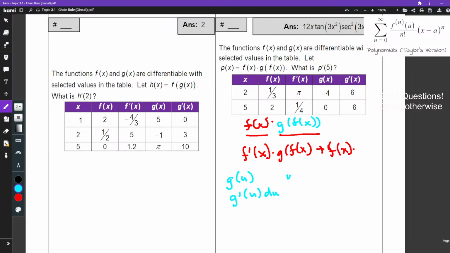Well, u is equal to f of x, so du is equal to f prime of x. So what g prime of u is, g prime of f of x times f prime of x. I need to link this, so give me a second.